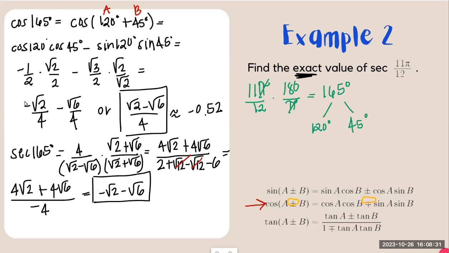This square root of 2 should have been negative. Okay. And that should fix it. Okay, yep. It's actually approximately negative 0.97. All right, so we found the secant of 11 pi over 12 using a sum identity.